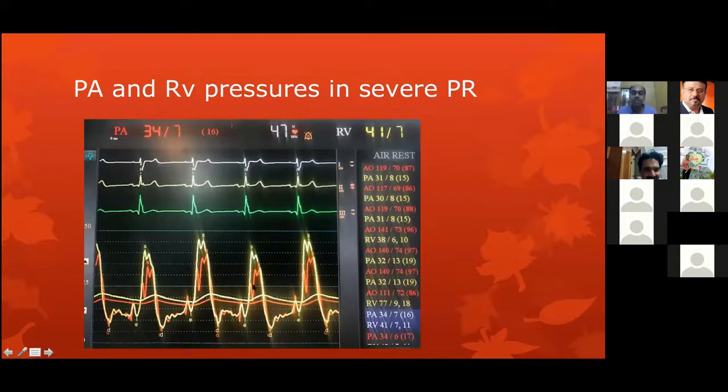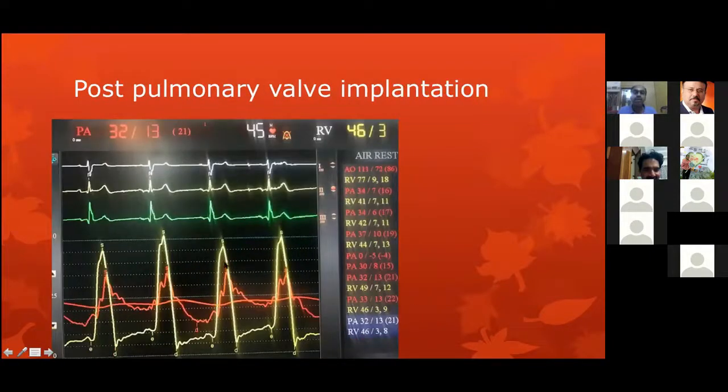So the pulmonary artery pressure curve, which is orange, is exactly matching the yellow right ventricle, and so the pulmonary artery is completely ventricularized. So what should happen when you put in a percutaneous pulmonary valve? The pulmonary artery diastole should go up, creating a diastolic gradient. So this is a diastolic gradient.